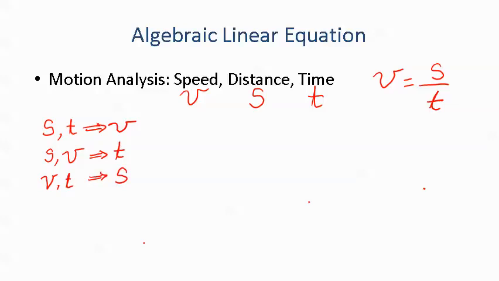So these three equations are as follows. V is S over T, T is S over V, and S is V times T.